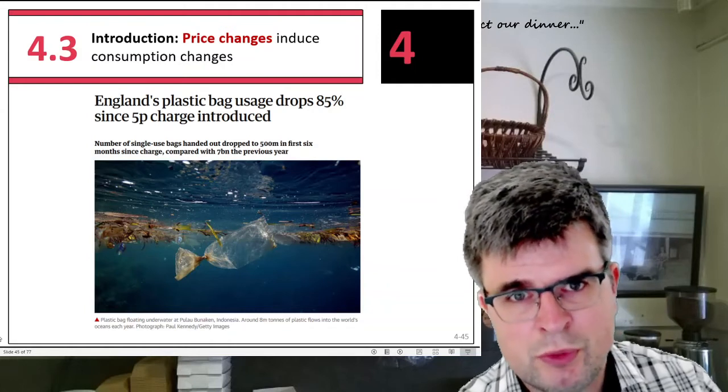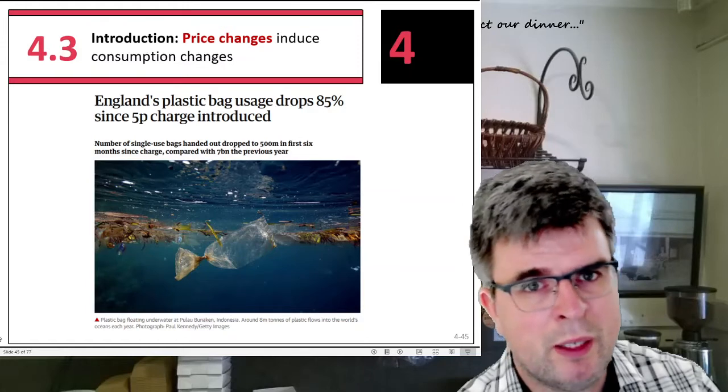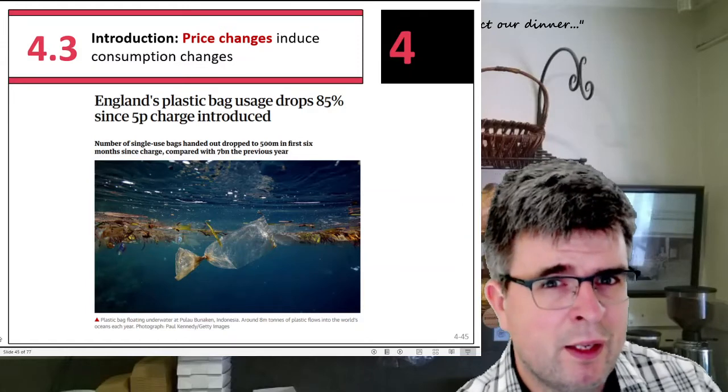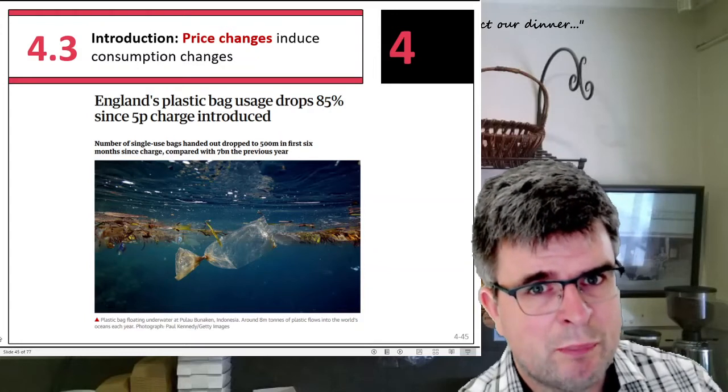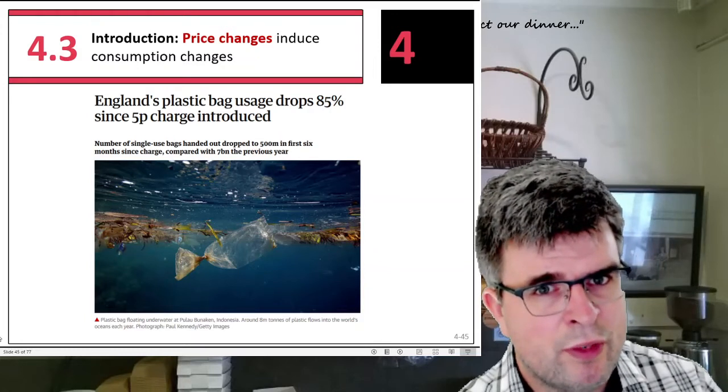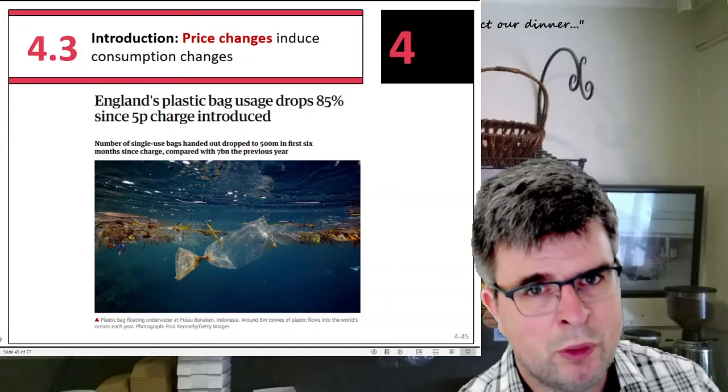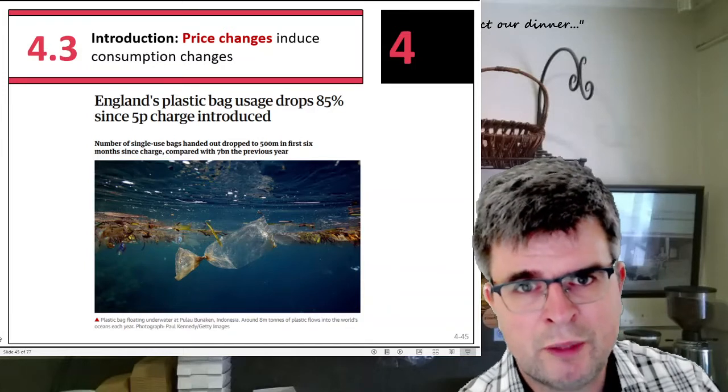So the usage of those bags dropped by 85%. And this is really an example of how prices and the market mechanism can also be very effective in reducing pollution and helping the environment.